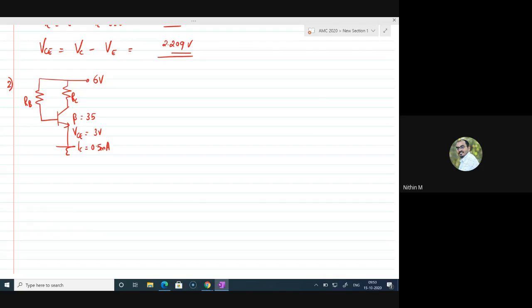Just give a try. After looking at the operation of BJT and the current equation, we will come back to these kinds of problems when we start with the DC analysis.